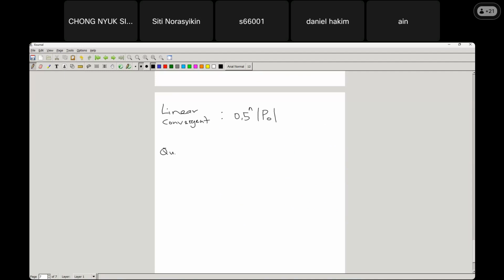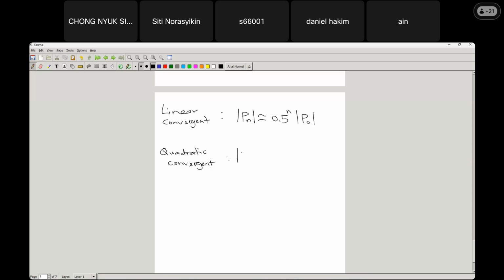For the quadratic convergence, we have the final answer, let me write it properly. I should write this is Pn, I should not leave the answer for the Pn. So I have my Pn can be approximated by 0.5 power n and then P0.